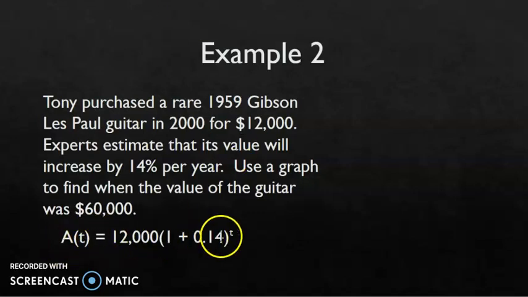Okay, so this is my function. Now, they want us to use a graph to find when the value of the guitar was $60,000. So we're going to do this on our graphing calculators. On those graphing calculators, what we do is we graph this function in the y equals menu, and then we're going to use the table to find out when it was $60,000.